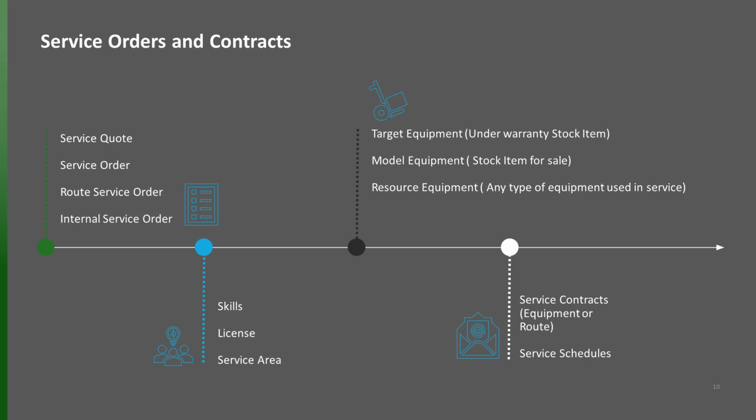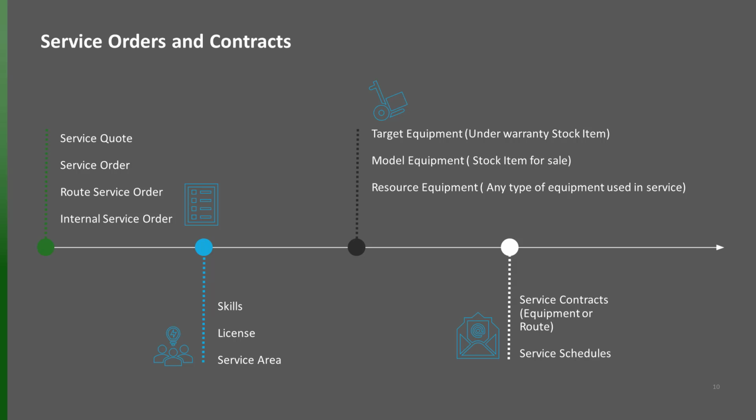Our route service order is specifically used when you have an environment where you have specific routes for your customers and you service their equipment or provide a service on a regular basis on a specific geographical location. The internal service order is managing the service order not for billing purposes, but for internal company purposes. Later, that can be integrated to other parts of the system, like the project accounting, if you wish.